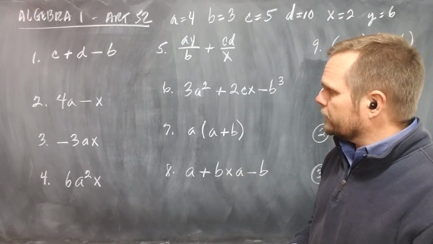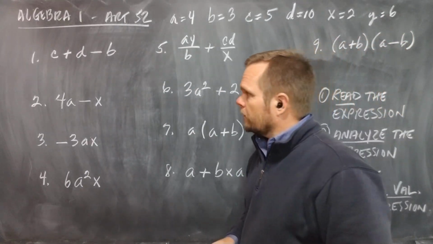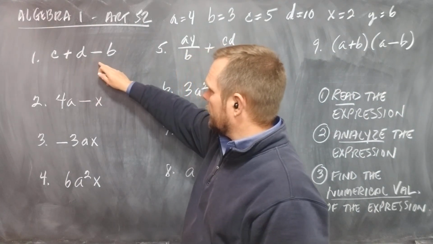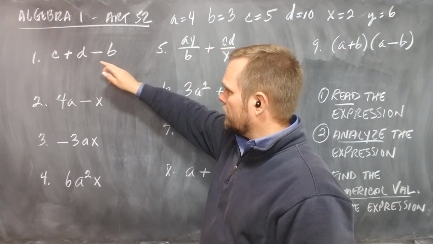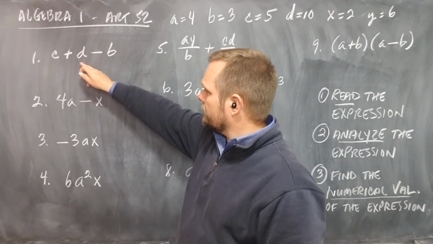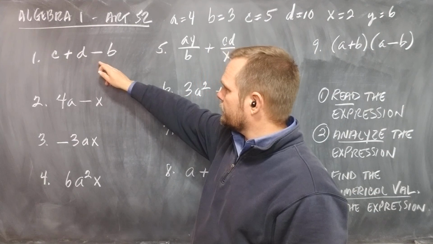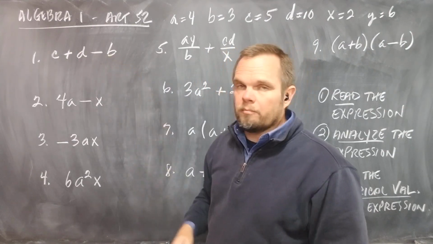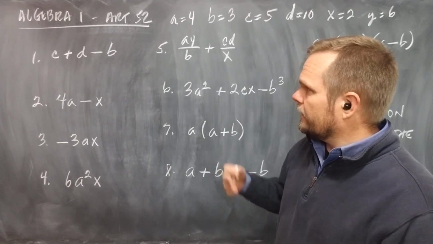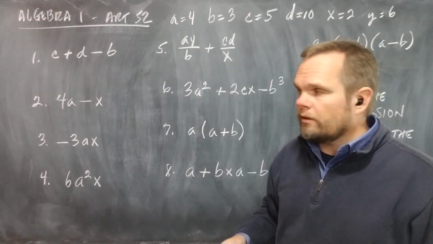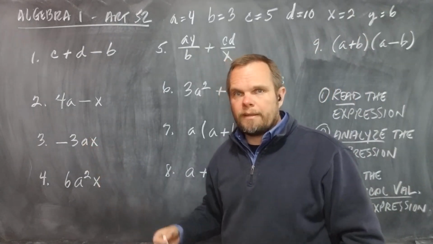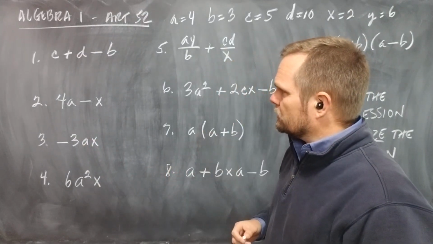Step 1 is to read the expression C plus D minus B. A quantity C plus a quantity D minus a quantity B. That's the reading of the expression. Now, to analyze the expression, the first thing we want to know is how many terms are in this expression?